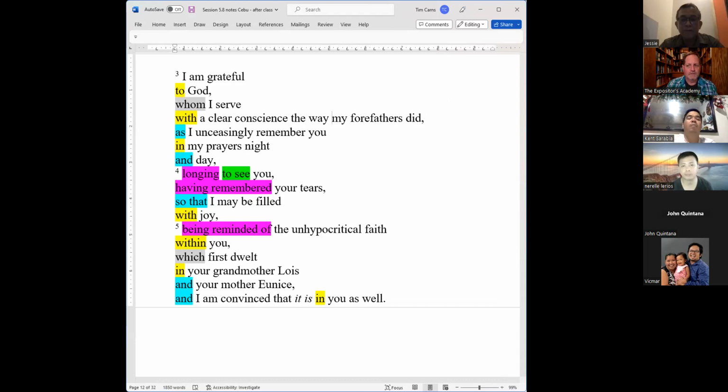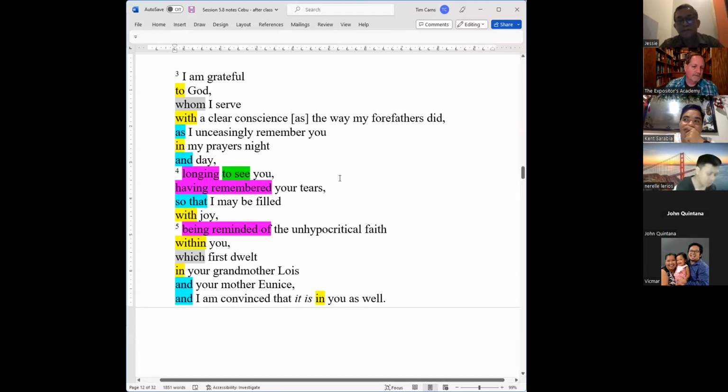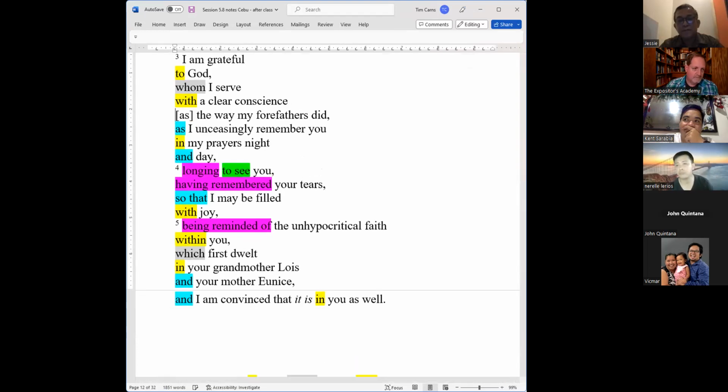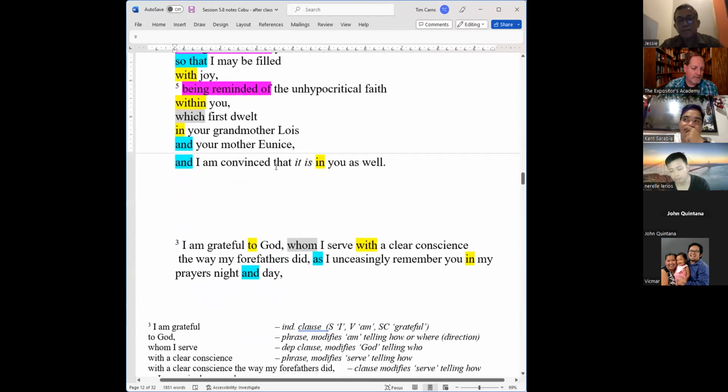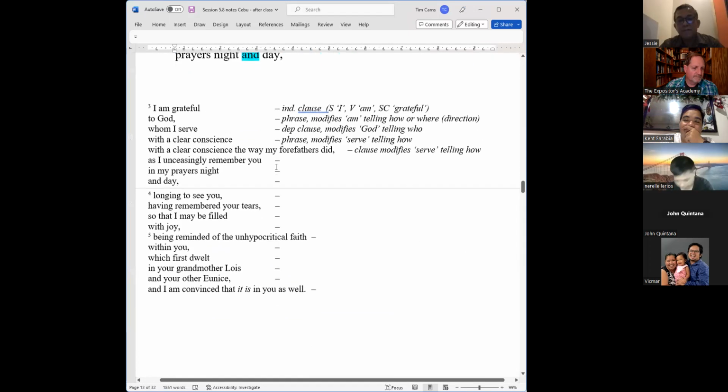So it seems like these should be separated, but there is no connector word that tells us that directly in this translation. There is a connector word in the other translations as well as in the Greek text. So that's why I put it on another line.